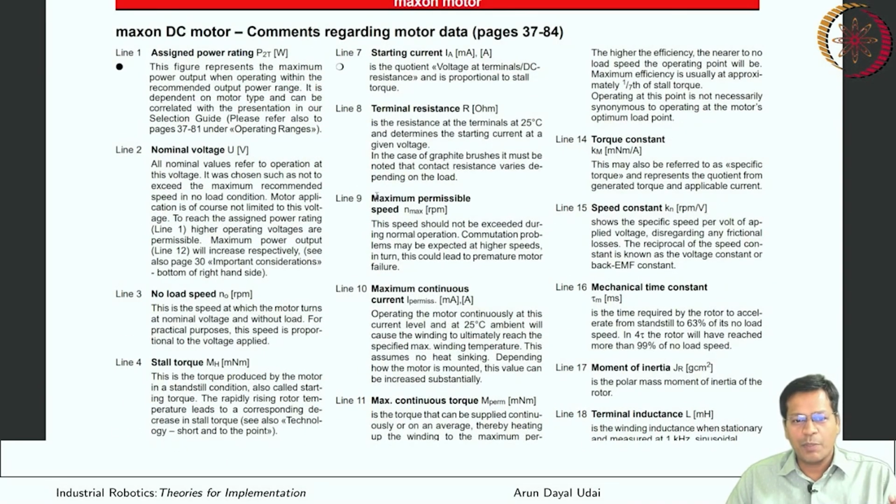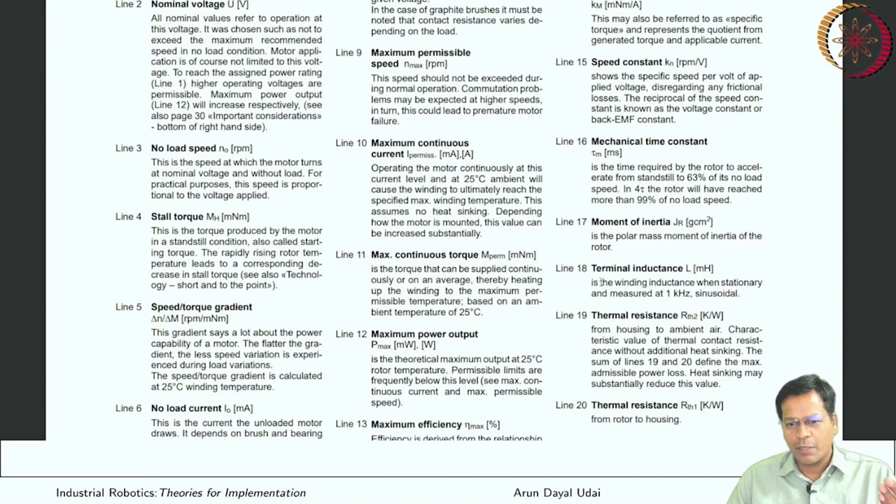Okay, so maximum permissible speed: if it goes beyond that, it is dangerous and you can break your robot, your joints, maybe your motor over here. Thermal resistance, that is in ohms. So these are all helpful in designing the controller for your joint. So thermal resistance will be useful, terminal inductance will be useful.